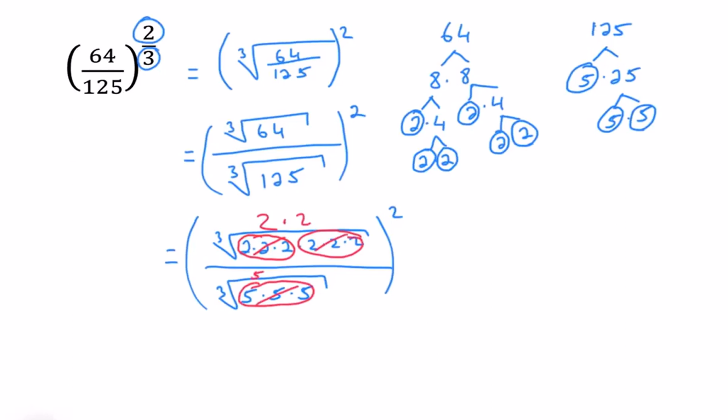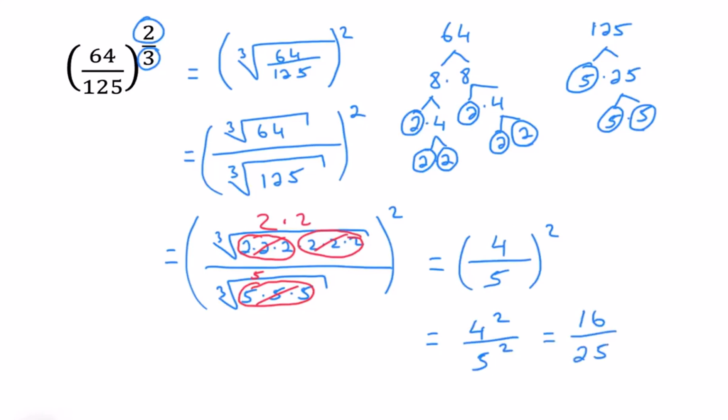Nothing is left. So on top, we have 2 times 2 is 4. On the bottom, we have a 5 squared. So this is 4 squared over 5 squared, which is 16 over 25. That is our answer.